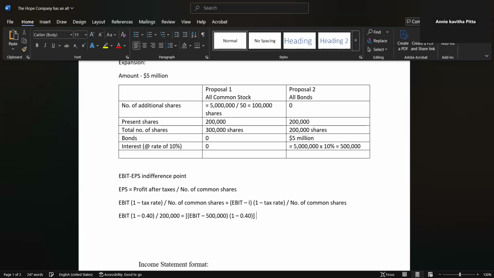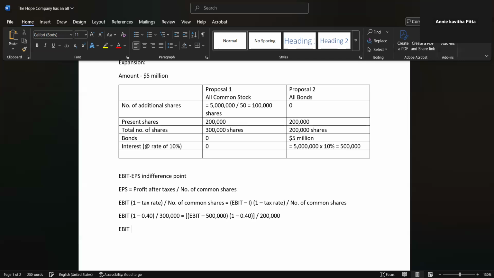Divided by total number of shares. I'm really sorry, the total number of shares is 300,000 here, and here we see the total number of shares is 200,000. We just have to substitute and simplify that, taking 300,000 to the other side. So that becomes 300,000 by 200,000, so we can put it as 3 by 2.